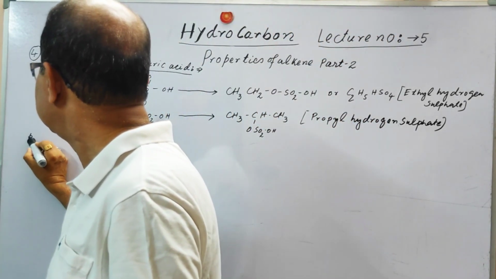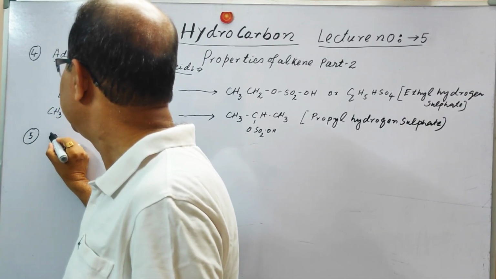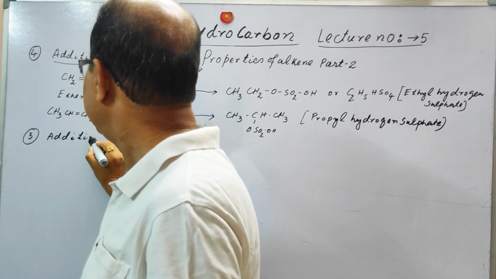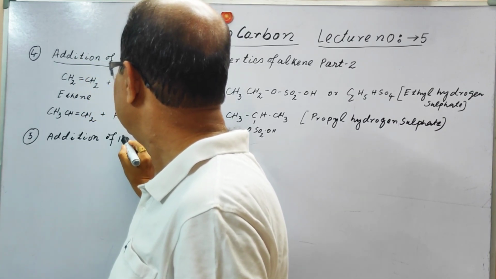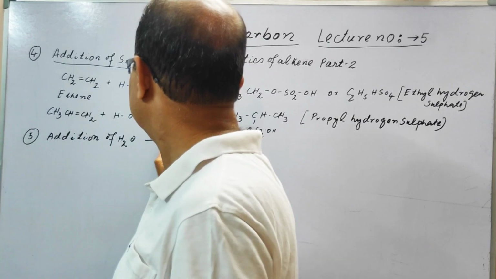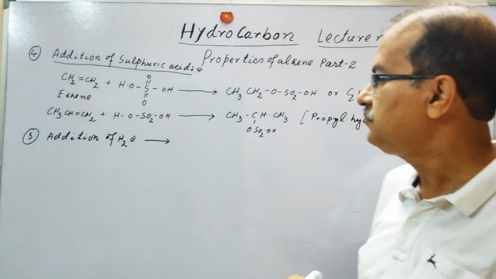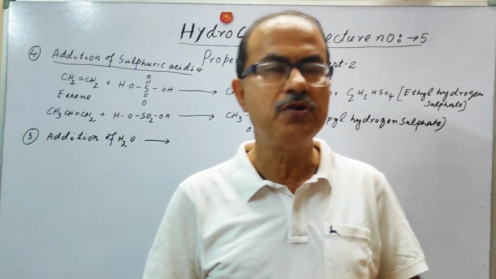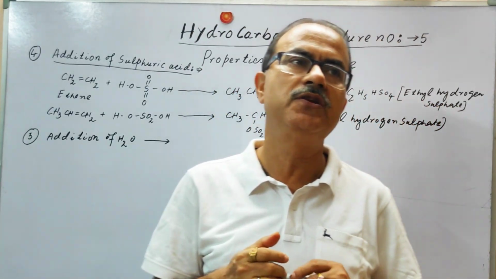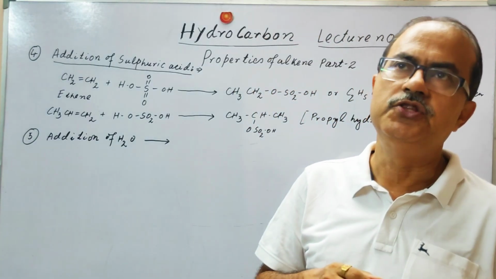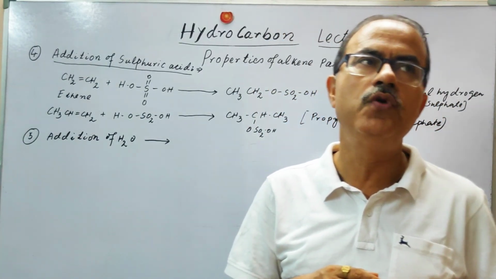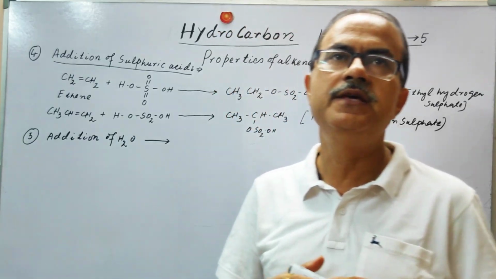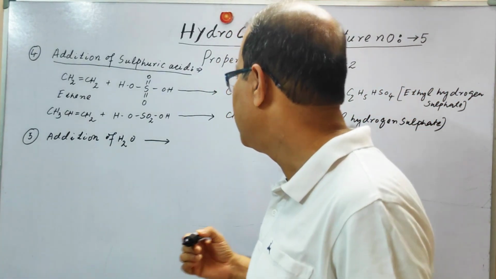Now the fifth reaction, that is the addition of H2O. This reaction is basically carried out in the presence of a very small drop of sulfuric acid or acid, because this will dissociate the water into two parts, H plus and OH minus, and again there is an addition as per the Markovnikov rule.